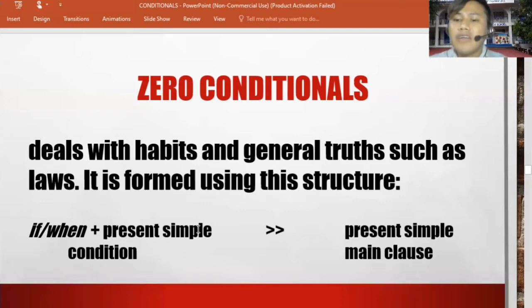After that it is followed by a comma and then our present simple. So how are we going to form our sentence under zero conditional? Let's not forget that it deals with your habits and it states general truth or facts.